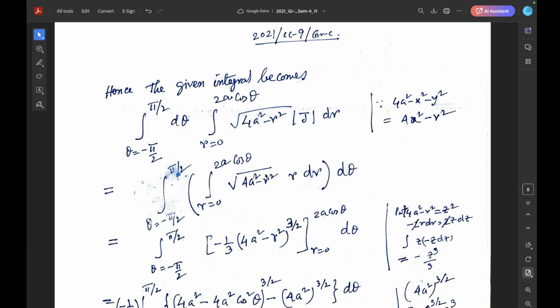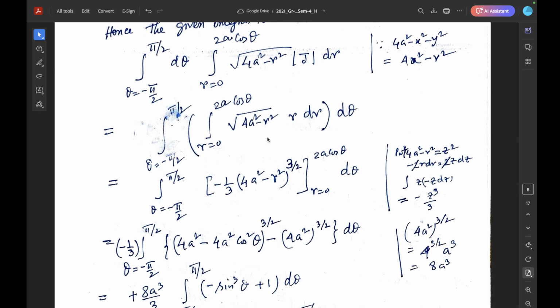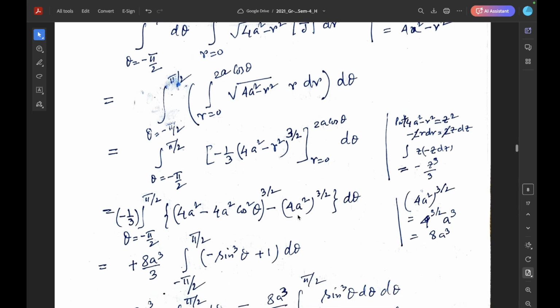This d theta has to integrate this. Put 4a square minus r square equal to z square, so this gives minus z cube by 3, so you can write minus 1 by 3 times 4a square minus r square whole to the power 3 by 2, limits 0 to twice a cos theta.